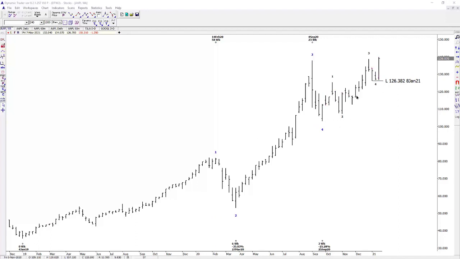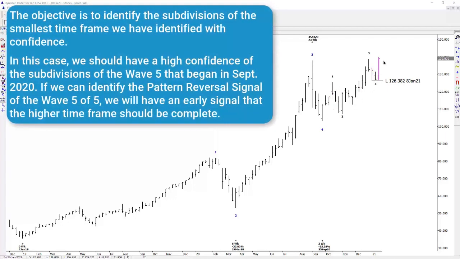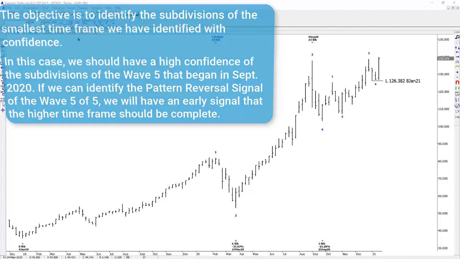But given that this is almost ideally subdividing into 5 waves itself, what if we could identify an even earlier signal that this wave 5 of 5 had reversed and been completed? In other words, a pattern reversal signal to complete this last advance that's been going on for a couple of weeks or so. Well, let's reduce our data down to daily data and see what we see.